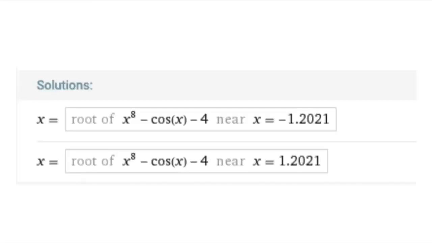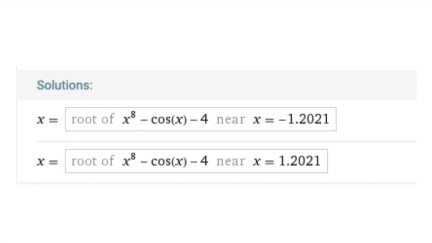Now, if we scroll down and look at the exact solutions to this equation, what we see is that we get answers of negative 1.2 and so on, and positive 1.2. But definitely the more interesting part is the fact that x is given not in terms of the equation that we initially put in, but x is described as the root of some other equation, x to the 8th minus cosine of x minus 4.